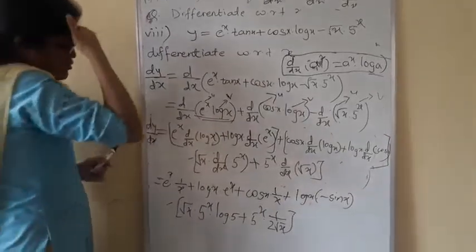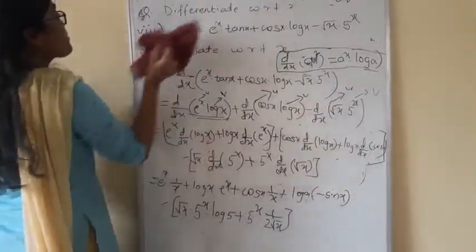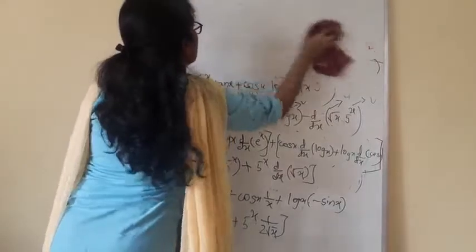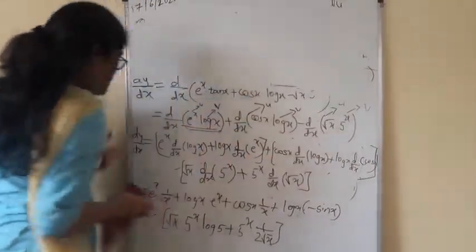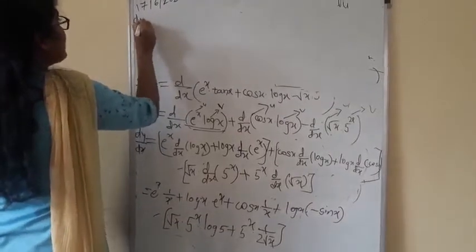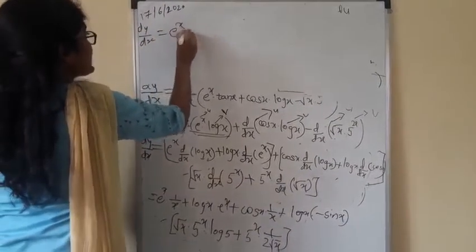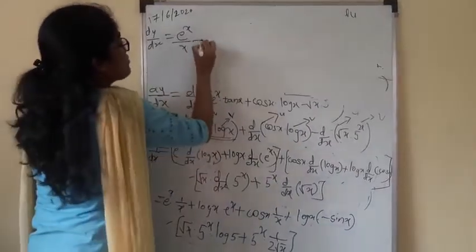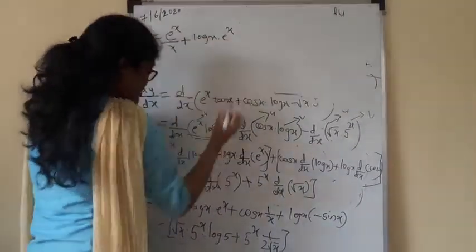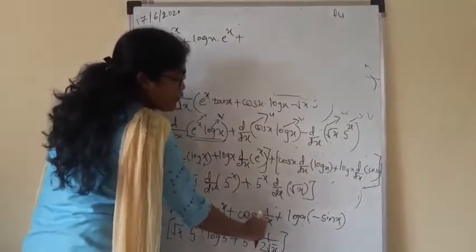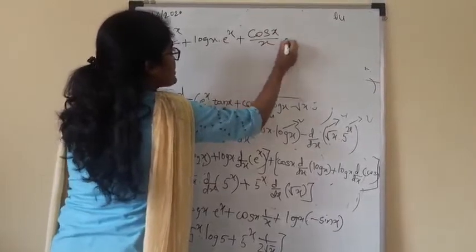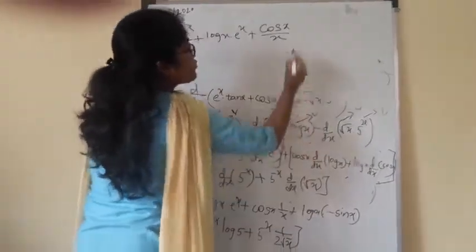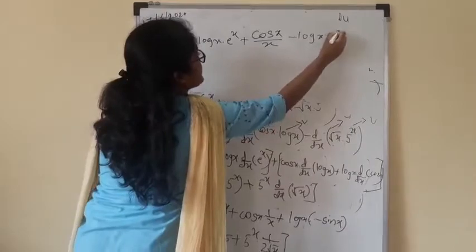Okay, so now we will simplify this. So dy by dx is equal to e raised to x into 1 upon x, which means e raised to x upon x, plus log x into e raised to x, plus cos x into 1 upon x, which means cos x upon x, plus log x into minus sin x, plus into minus, so this will be minus log x into sin x.